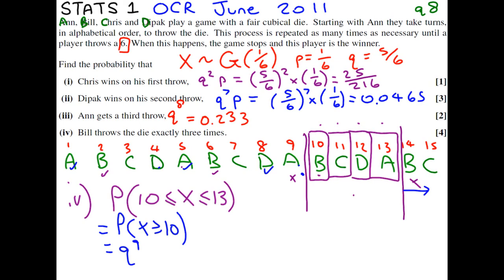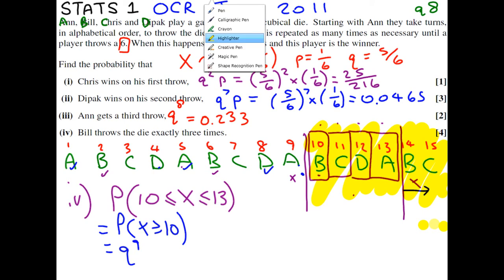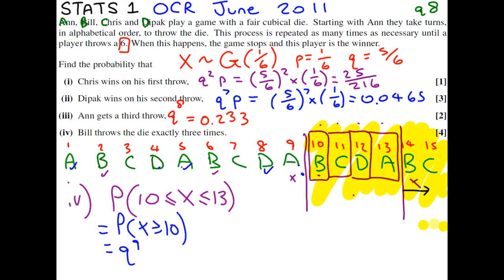If we check out this option here, what we've just said, q to the power of 9, gets you everything in there carrying on forever. We don't want it carrying on forever. We want to get rid of anything that is greater than or equal to 14.